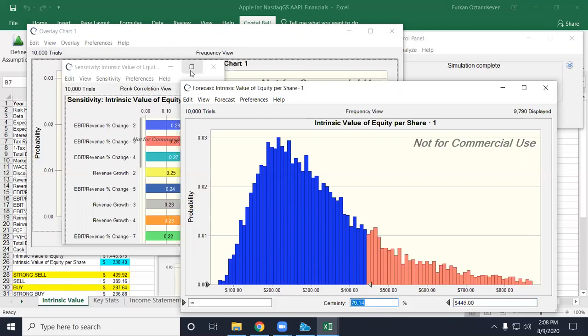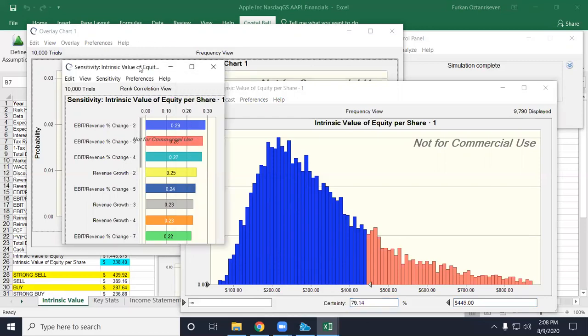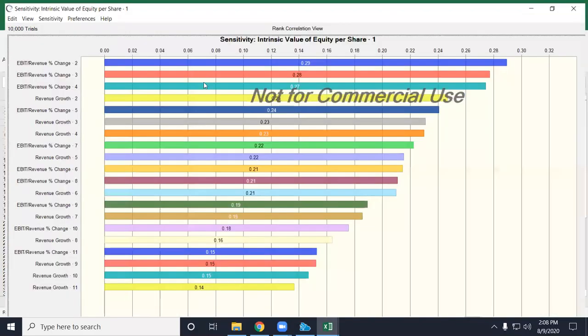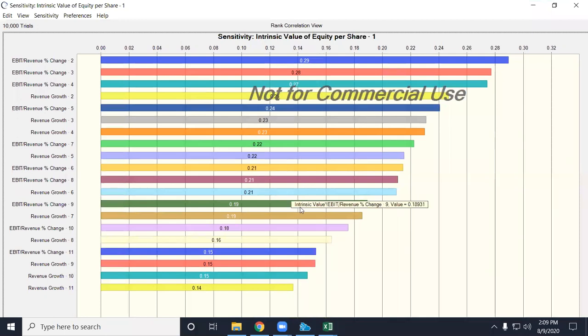Another thing I would like to show you here is the sensitivity analysis. You can see here the most important factors at the top and the least important factors at the bottom. You can see that the most important things are the productivity percent change numbers. The 2, 3, 4 at the beginning basically represent next year to 2021, 2022, and 2023.